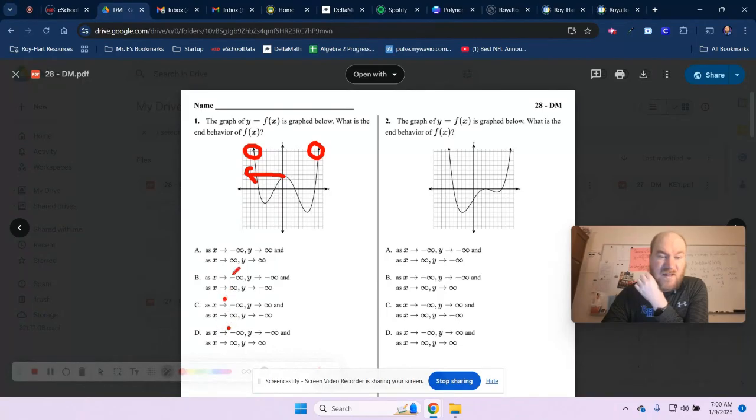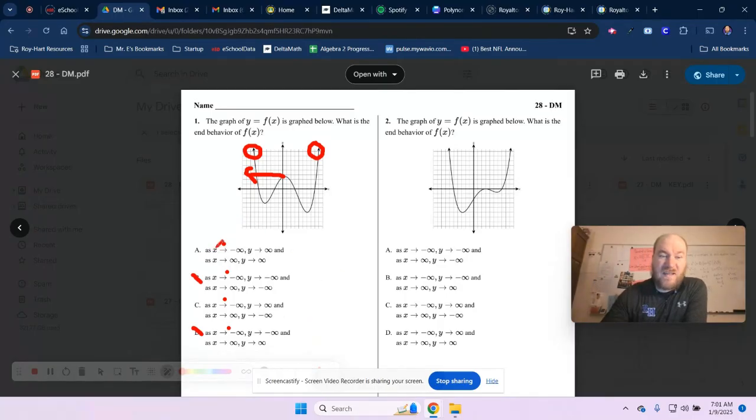Y is increasing. Y is going towards positive infinity. So, hey, look, we can cross out this answer choice because it says y is going towards negative infinity. And we're going to cross off this one because it says y is going towards negative infinity. So far we're down to A or C.